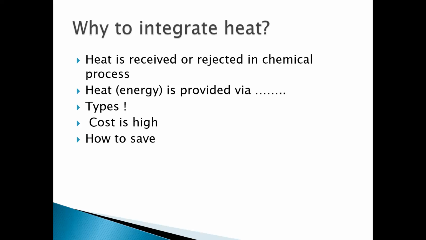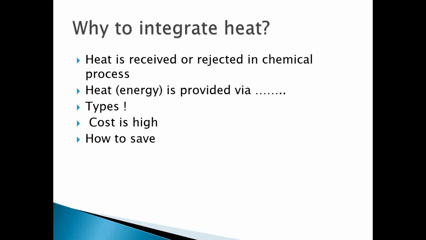So the energy or the heat is provided in the process by what? By utilities. And these utilities can be hot utilities or cooling utilities. For example, in order to heat streams, we need steam, and in order to cool streams, we need cooling water.